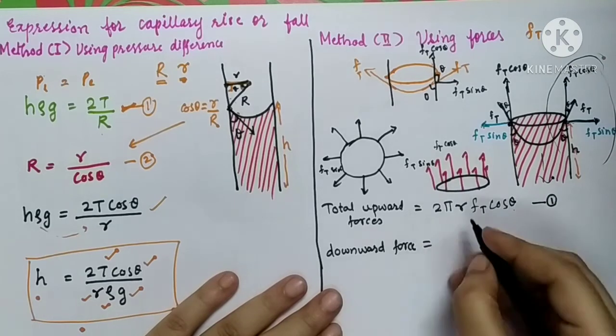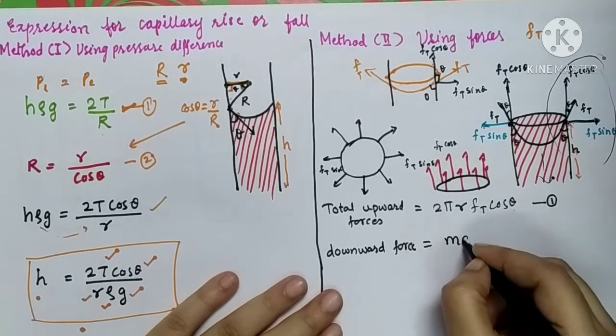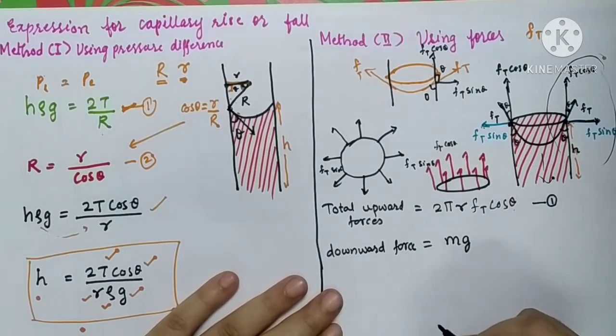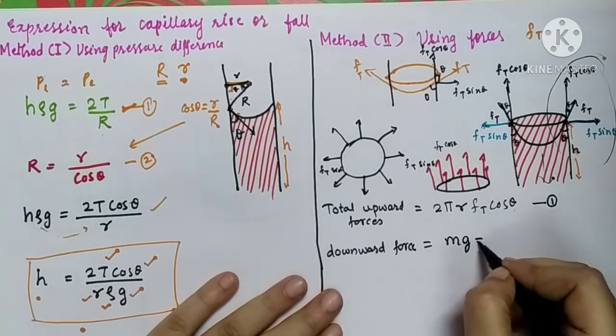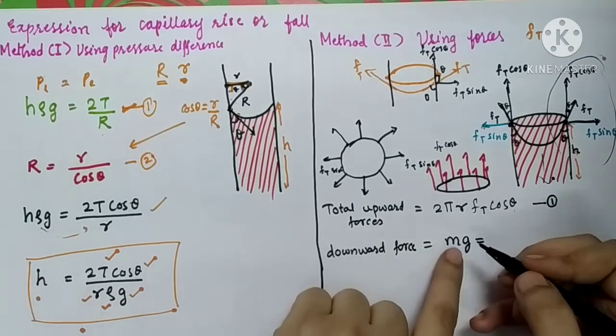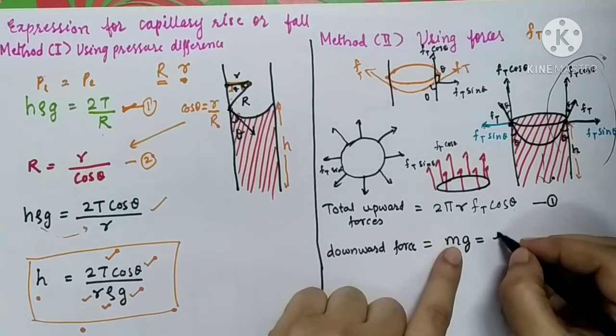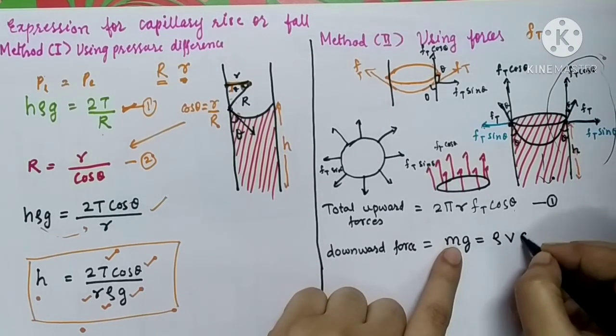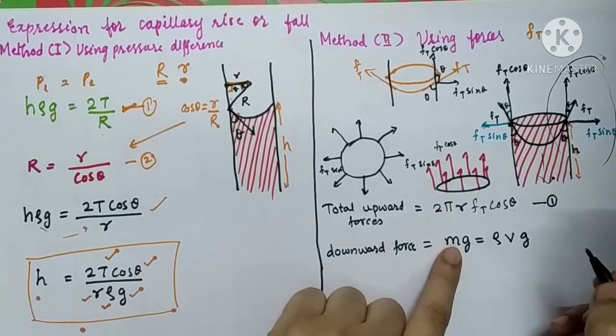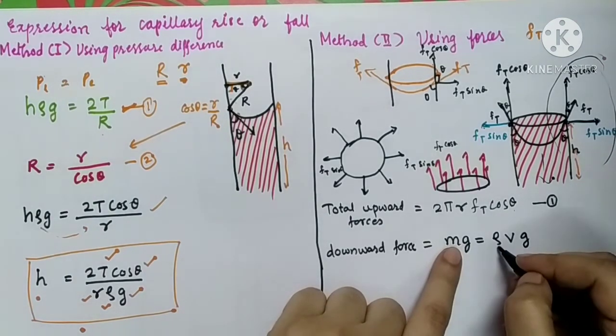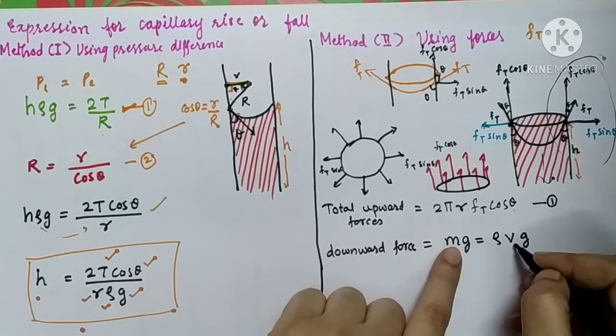Downward force is nothing but the weight of the liquid, which is mg. Similarly, in place of m, we all know that mass is nothing but density into volume. So rho is the density and V is the volume of the liquid column.